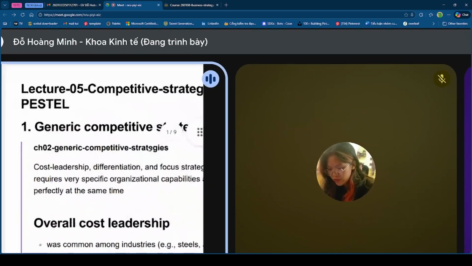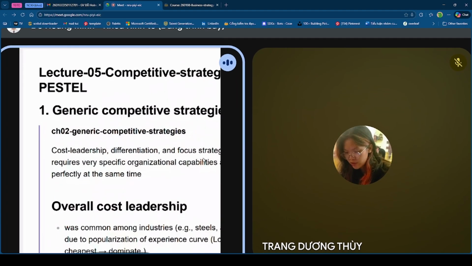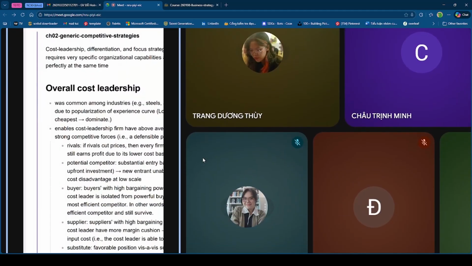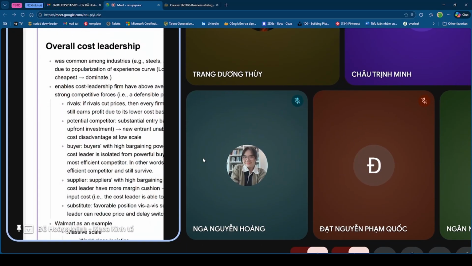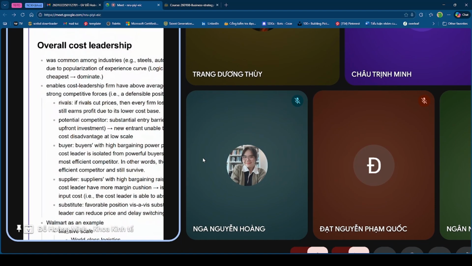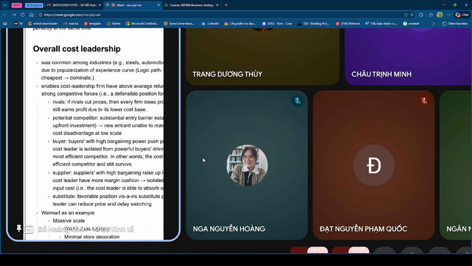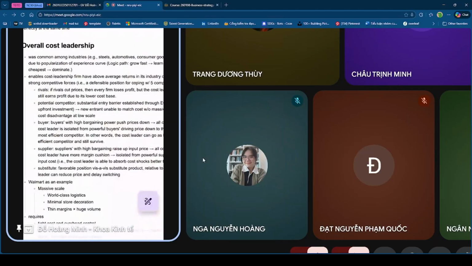First of all, overall cost leadership. This type of advantage was very popular in the 1970s, because at that time the firm tried to reduce the production cost through the accumulation of high volume production.